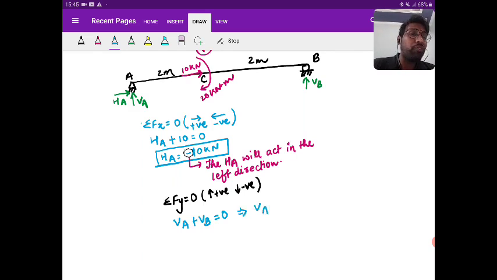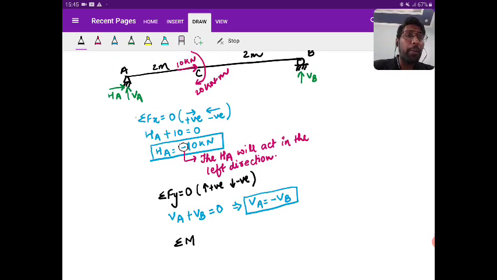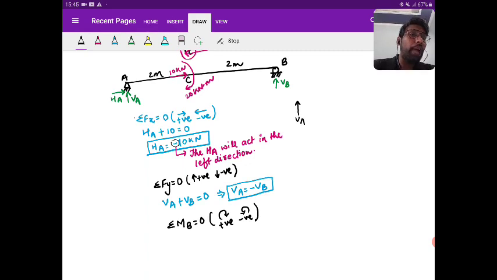So now we are writing VA is equal to minus VB. Next, we are assuming moment. I can take moment about any point. I am taking the moment about B equal to 0, taking clockwise as positive and anti-clockwise as negative. So VA is acting upward. I am moving left to right.